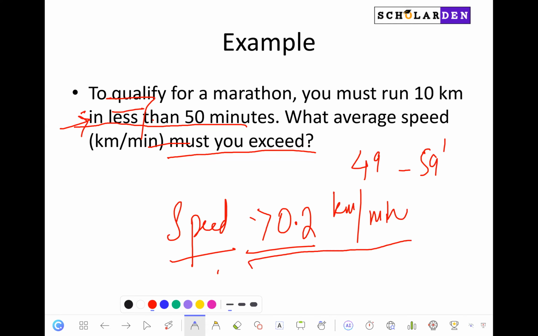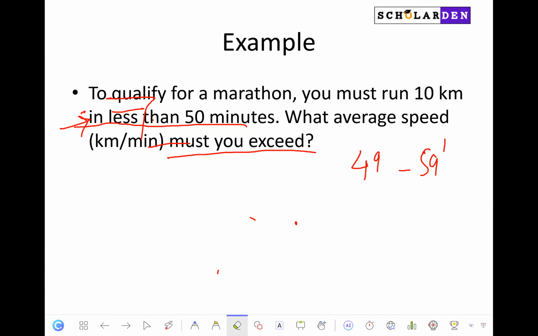We could run, let's say, at 0.4 kilometers per minute, because the relationship between speed and time is different. The faster you travel, the less time you're going to spend.